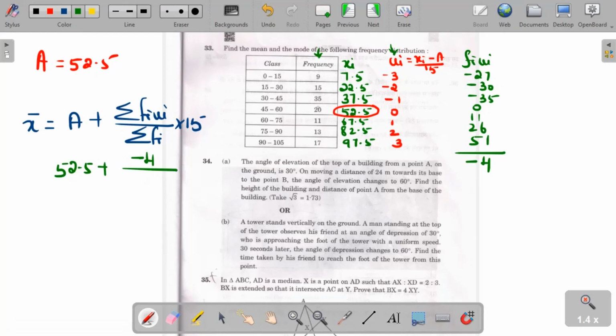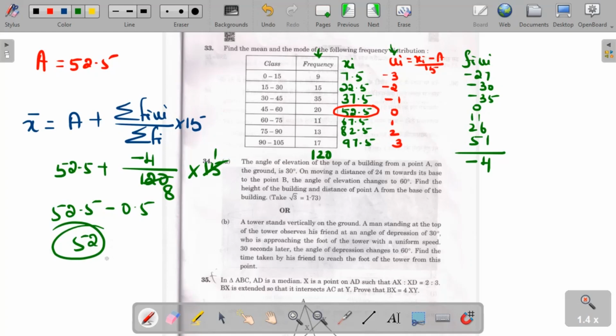So 9 plus 15 is 24, plus 30 is 54, 59, 79, 80, 90, then 100, 103, 110, 120. So this is going to be 120 into 15. This is 1 times, this is 8 times. So this becomes 52.5 minus 4 by 8, which is minus 0.5. So the mean of this distribution is 52.